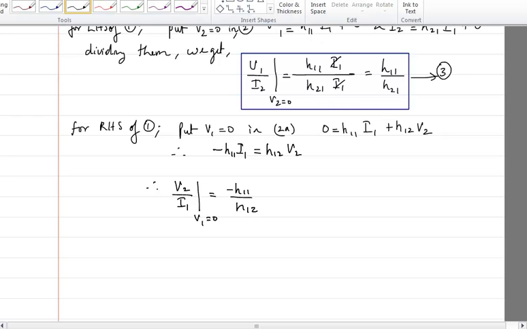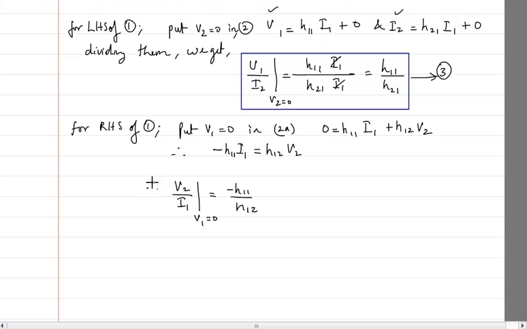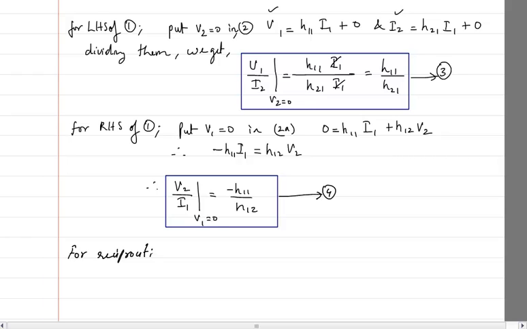I can directly compare this with equation 3. So this is my equation number 4. For reciprocity, that is equation number 1, the condition is that LHS should be equal to RHS, which is 3 equal to 4.